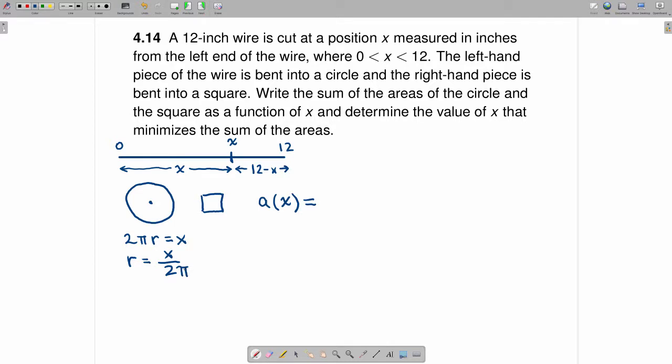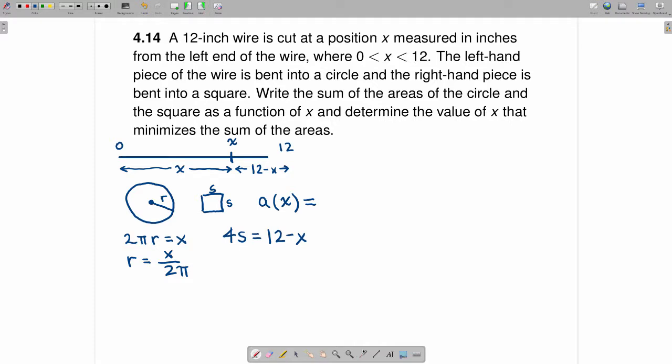Now let's go to the square. For the square, we know that what we have done is we have taken this length right here of the wire, and we have bent it into 4 pieces. So we have the equation 4 times s is the total, 12 minus x, where s is the length of one of the sides, just as in the previous situation we had r as the radius of the circle.